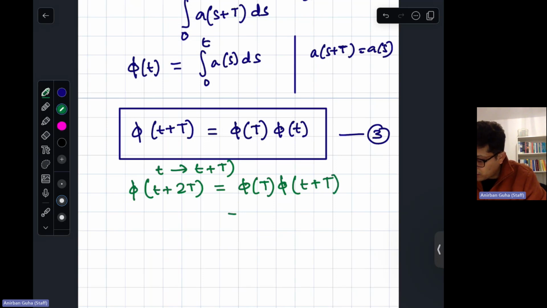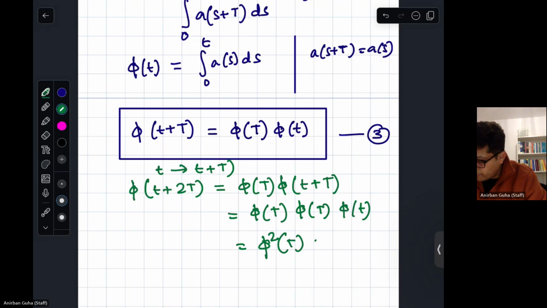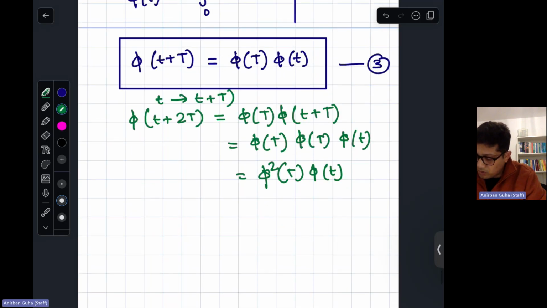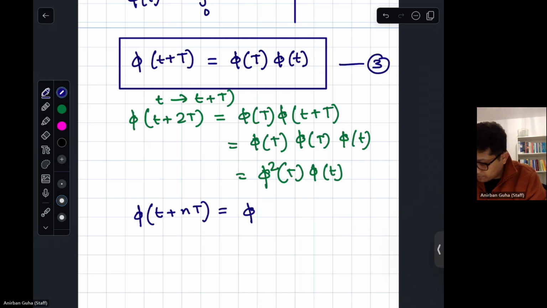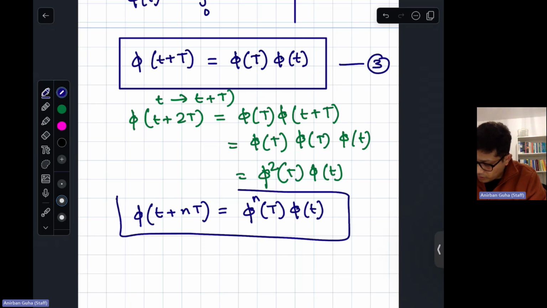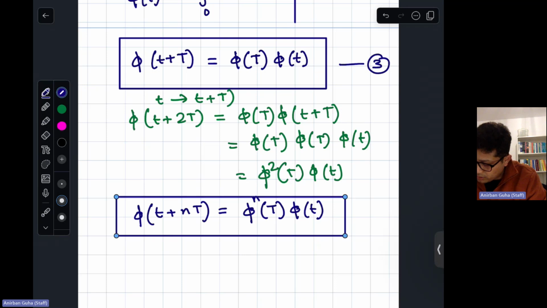Then again using equation 3, it becomes phi of T times phi of T times phi of small t, which is phi squared of T times phi of t. By this argument, through induction, you can show that phi of t plus nT is phi to the power n of T times phi of t. I'm going to box it because it's an important relation.